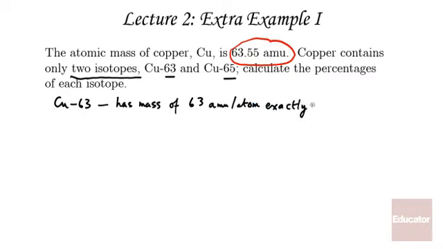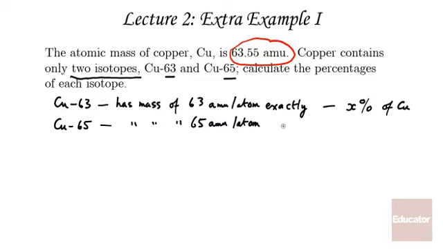And let us also suppose that it is present to the extent of X% of copper. Copper 65 has a mass of 65 AMUs per atom, exactly, and must be present to the extent of 100 minus X% of copper.